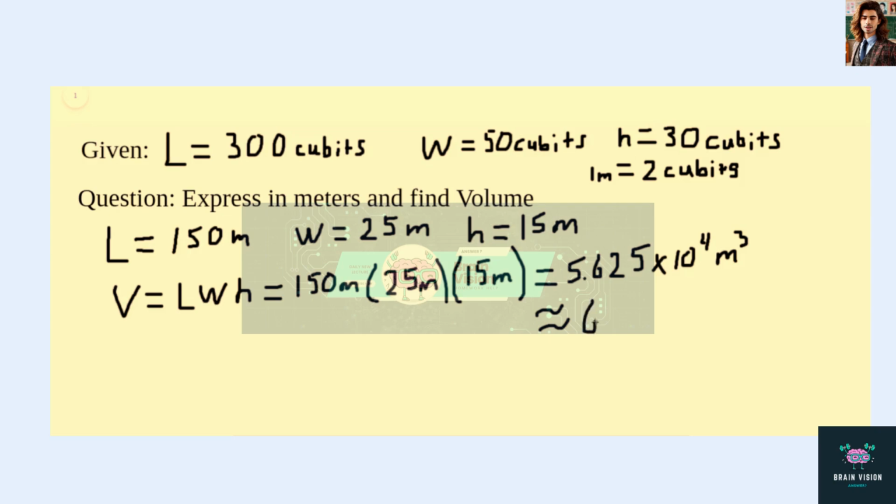So 5.625 is going to round up to 6 times 10 to the 4 cubic meters.